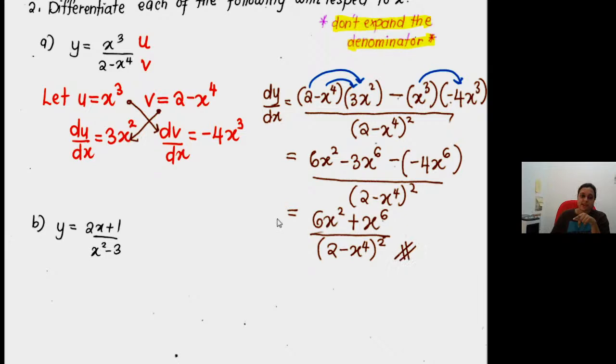So this is your final answer for dy/dx: 6x squared plus x to the power of 6 over (2 minus x to the power of 4) squared. So there's nothing for you to simplify on top, and at the bottom also nothing to expand. So leave it as it is. Okay, we go to the next one, B.